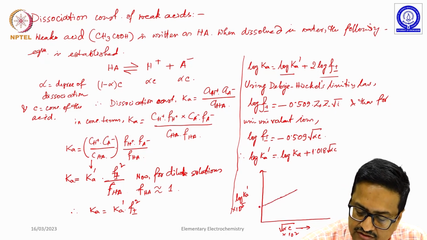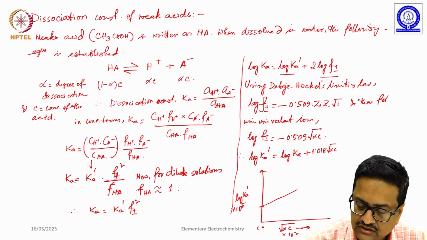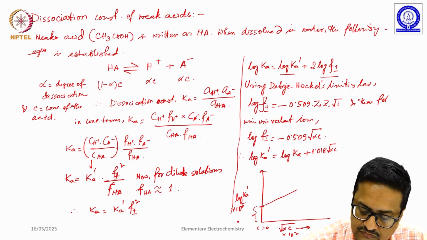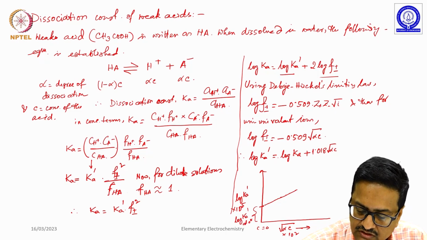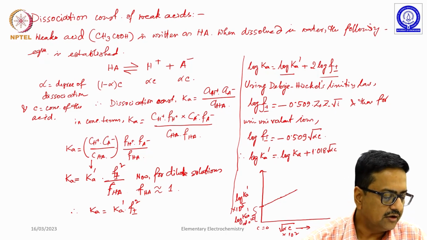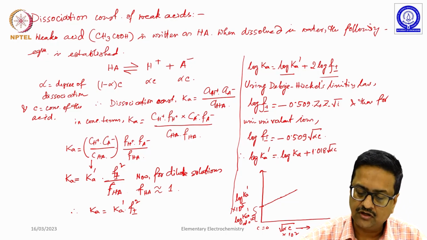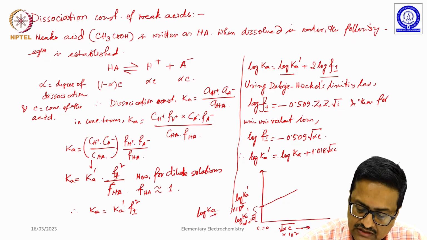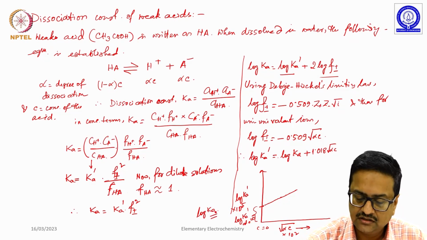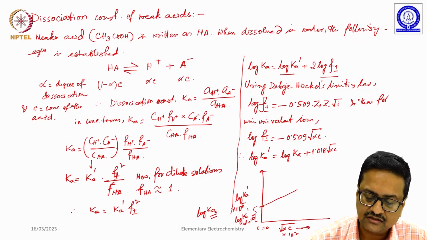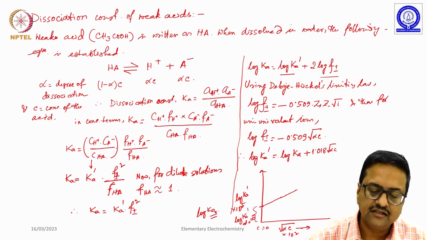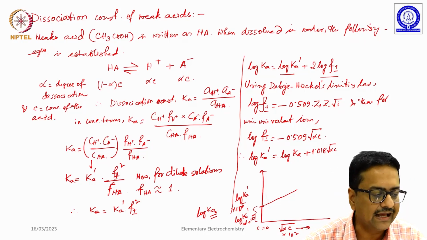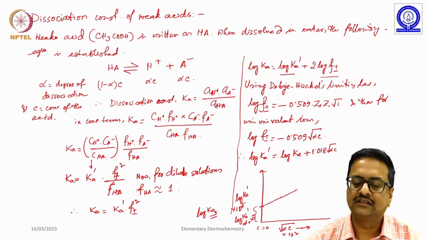So when you extrapolate it to C equal to 0, you will get the value of log Ka prime at C equal to 0, which essentially means that it is the value of log of Ka. So from that one can calculate the value of the activity product of dissociation, or rather the dissociation constant of weak acid using this method.